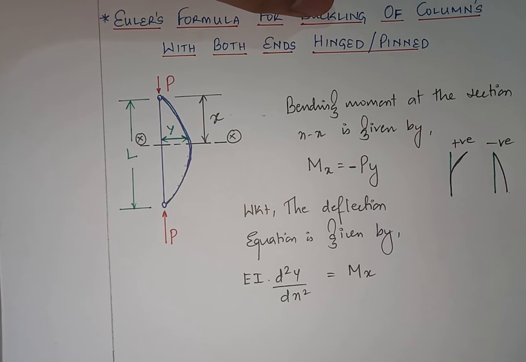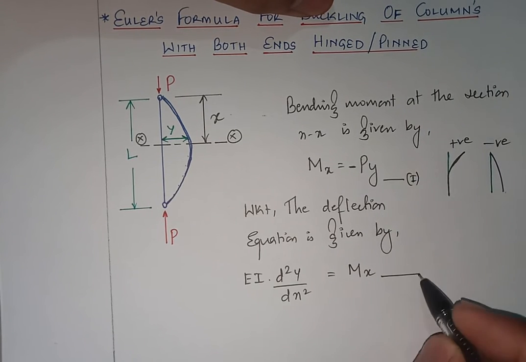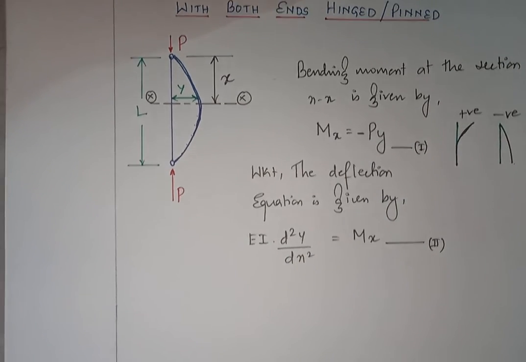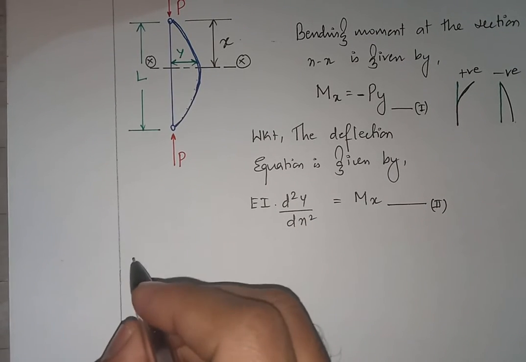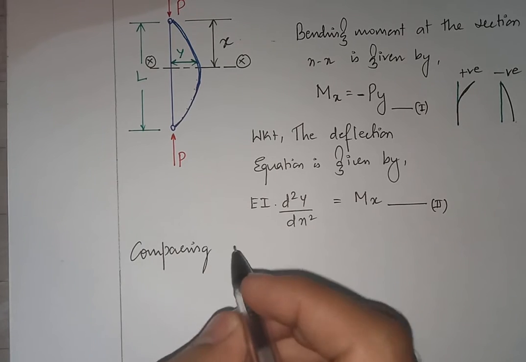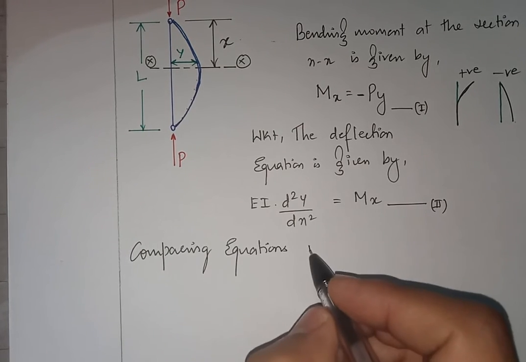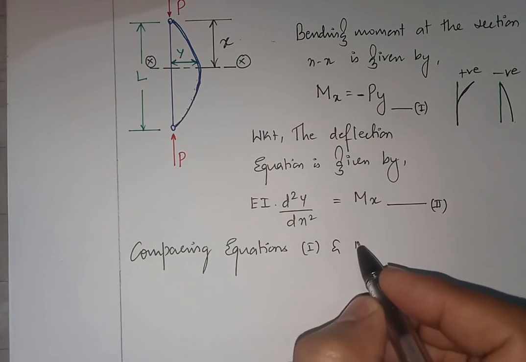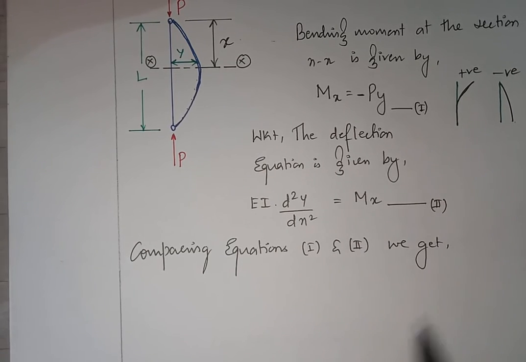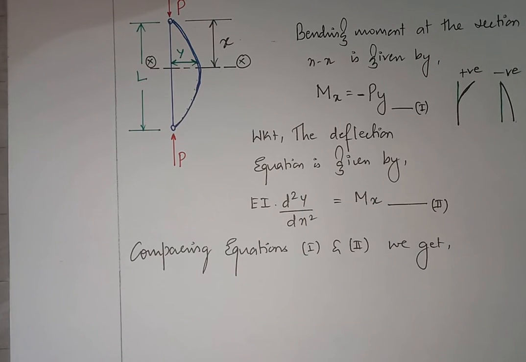So now what you observe here, if you take this as equation number 1, and this as equation number 2, if you compare both these things, then what can we write? Comparing equations 1 and 2, we get, on one side it is equal, so the other part should also be equal.